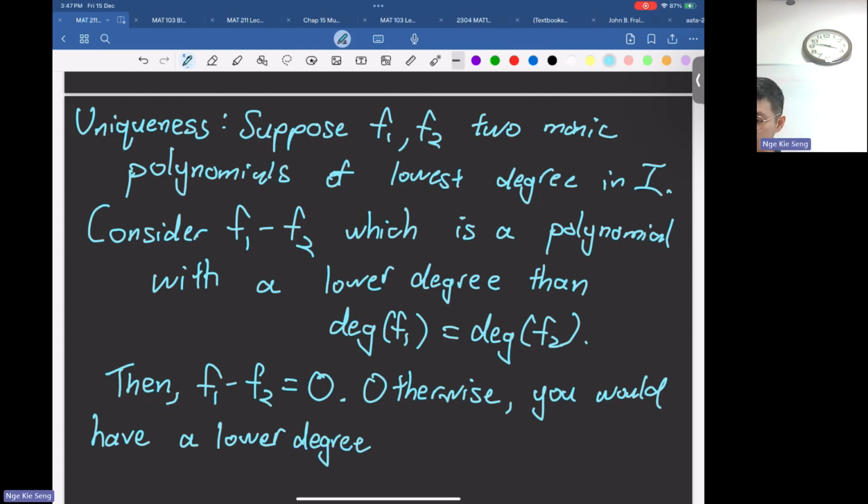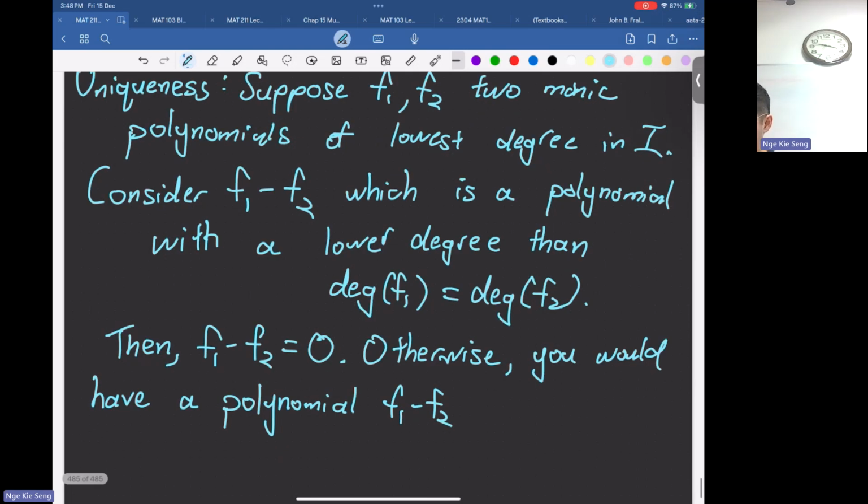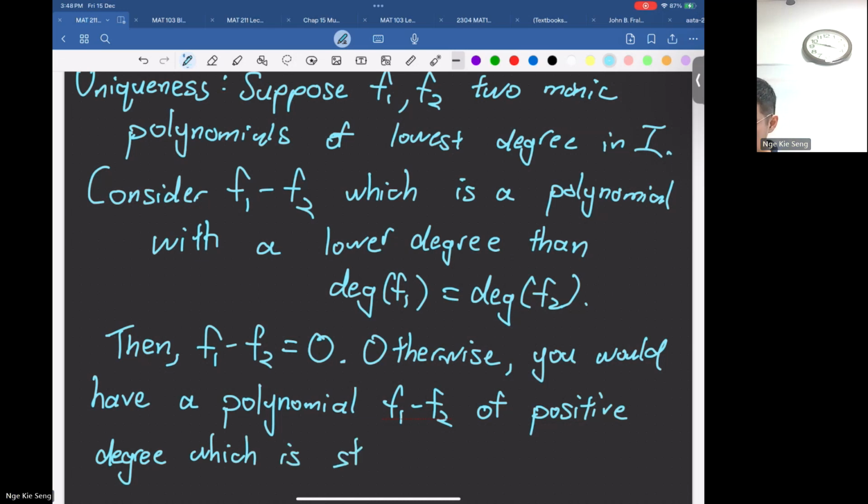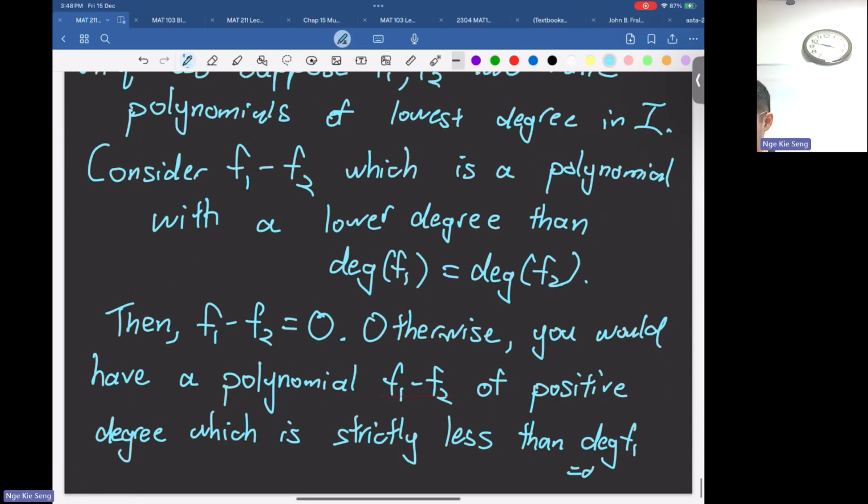You will have a polynomial F1 minus F2 of positive degree, which is strictly less than the degree of F1 and F2.